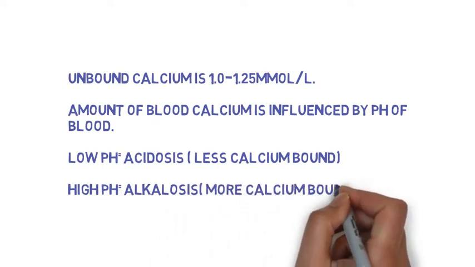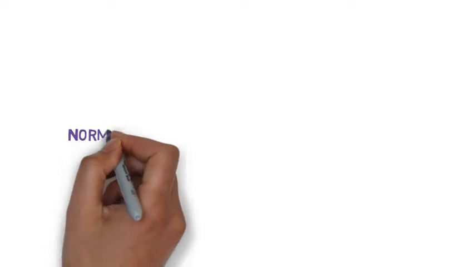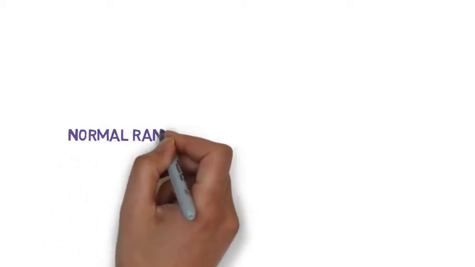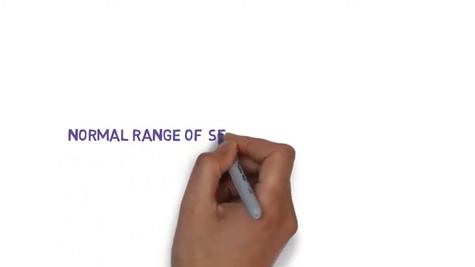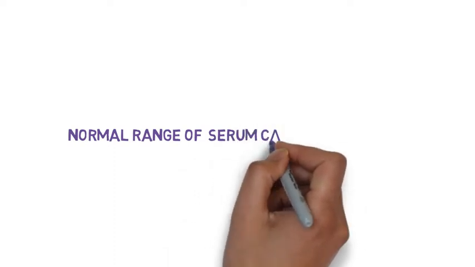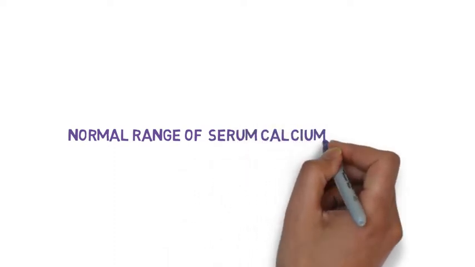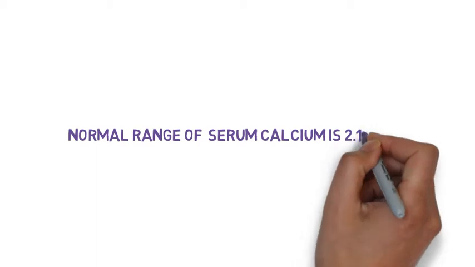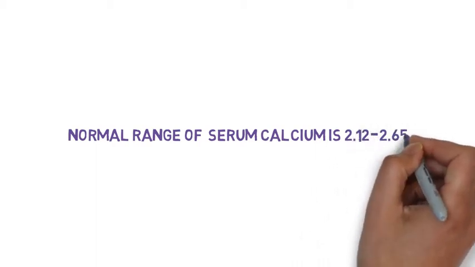So in alkalosis, we get more bound calcium. And it's very important to know the normal range of calcium. The normal range is about 2.12 to 2.65. Of course, looking at different texts, you'll get different figures in and around that.